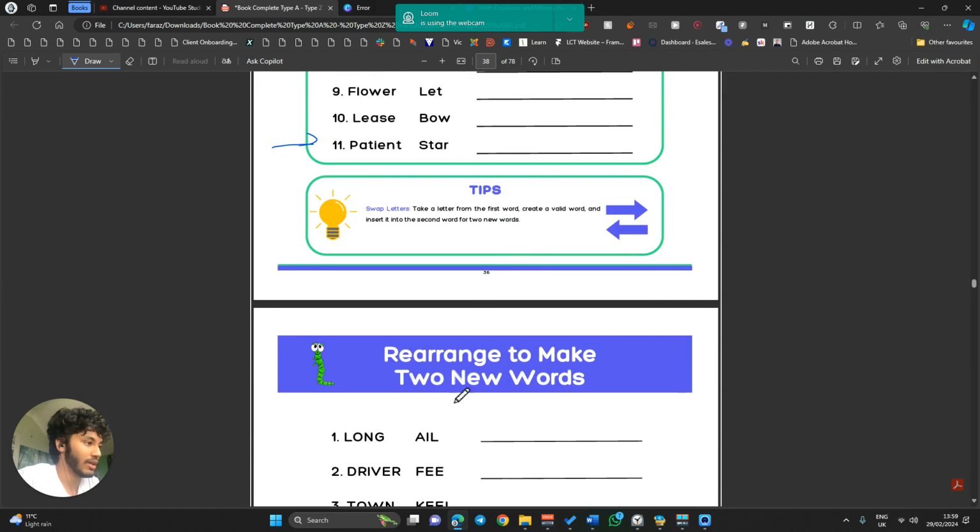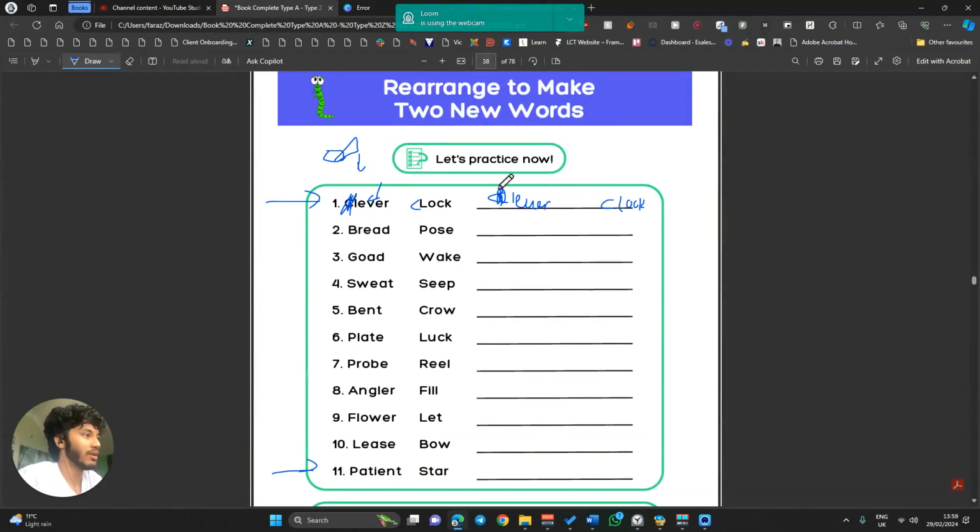Let me just see. Yeah, so down here you're not given any multiple choice options, but multiple choice can come in different forms. What can happen is they can ask you which letter you are going to take out. So they might give you options like C, L, E, V, E, R, and you have to choose which letter you're removing.